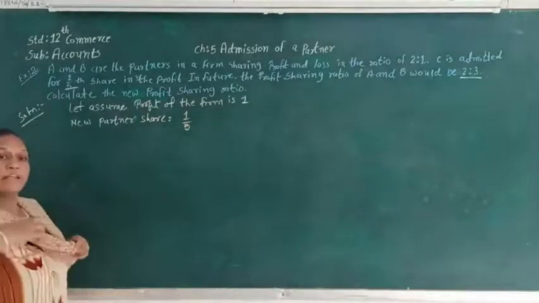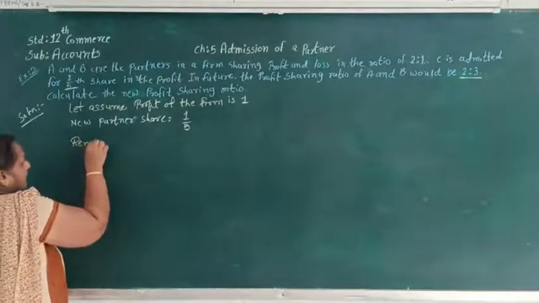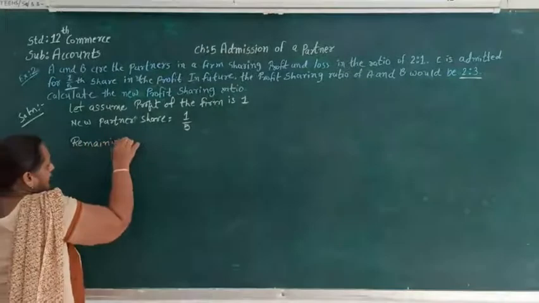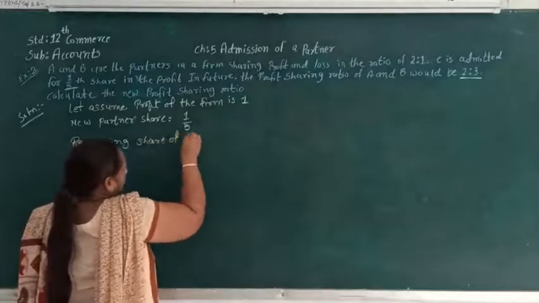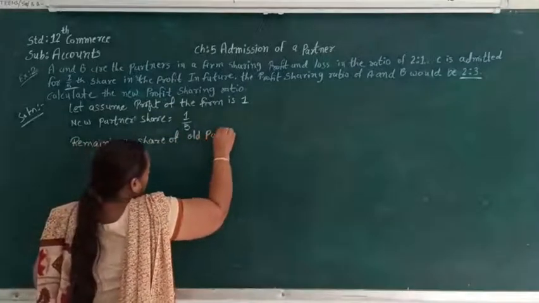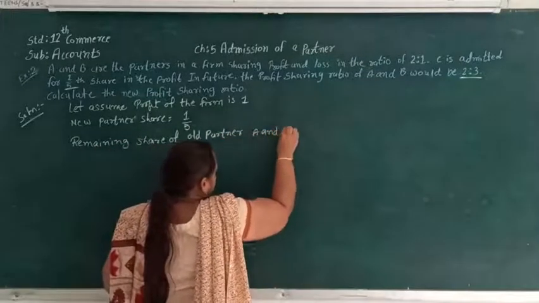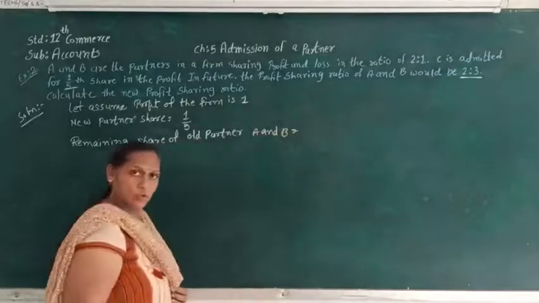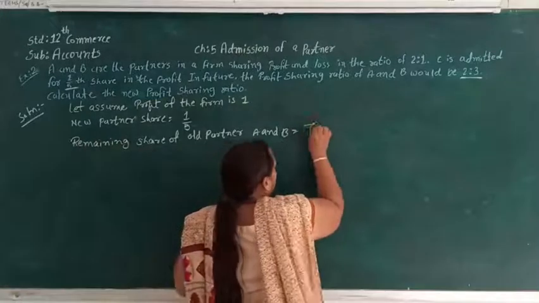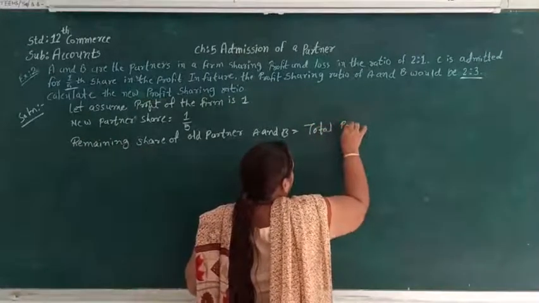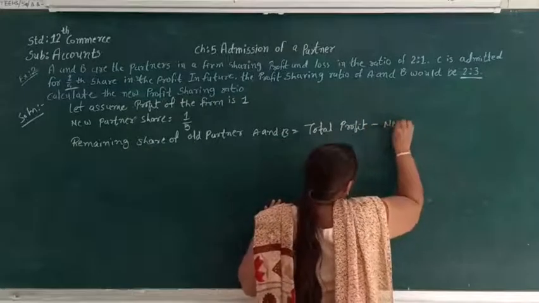So the remaining share of old partners A and B is equal to total profit minus the new partner's share.